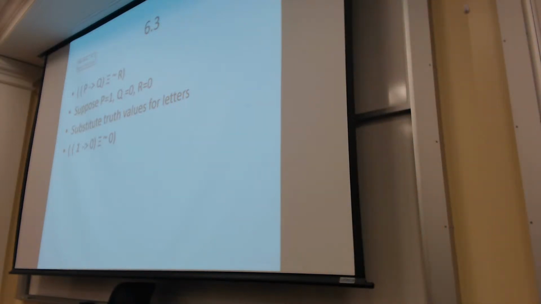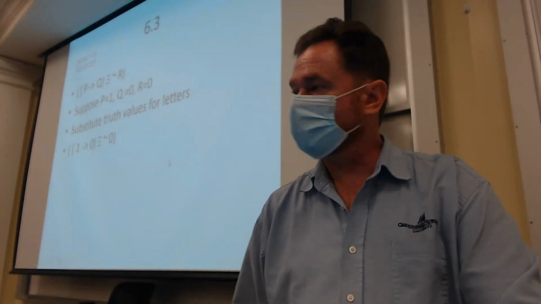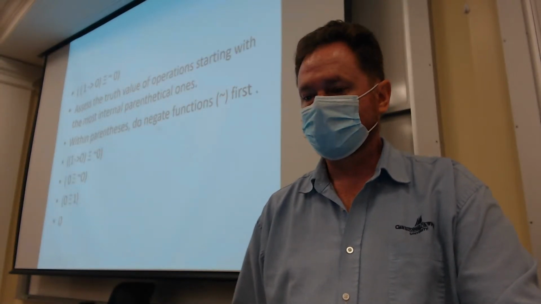So we've already told you P is true, Q is false, and R is false. We keep everything else the same, all of the negations, all of the operators, all of the parentheses. So step 1, plug in the truth values in place of the letters. And that's what this is right here.